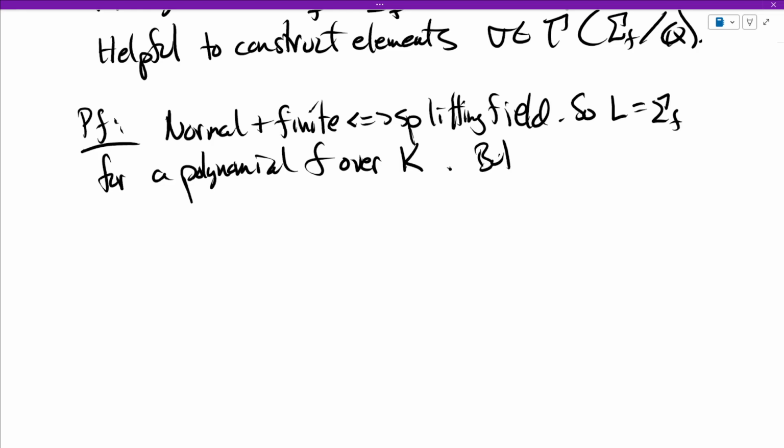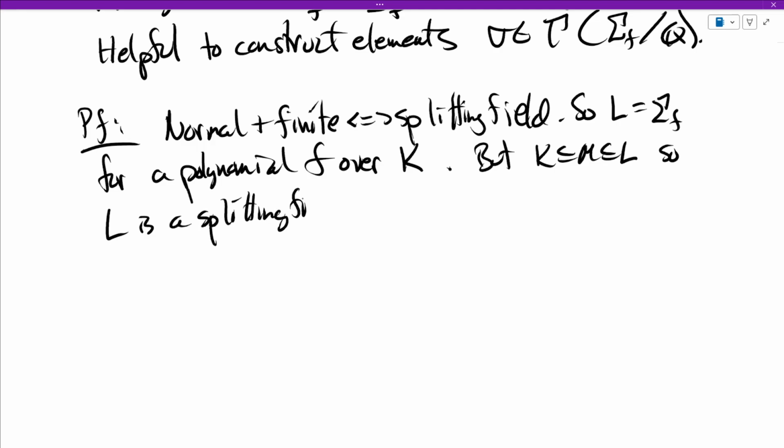But K is contained in M is contained in L. So by one of the homework problems from the splitting field section, L is a splitting field for the same polynomial f over M.